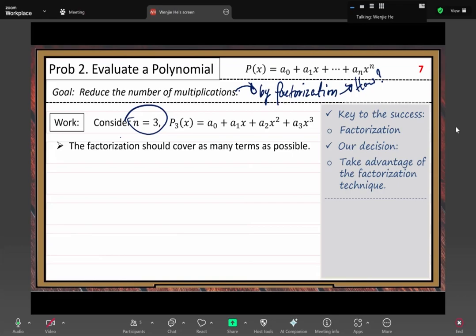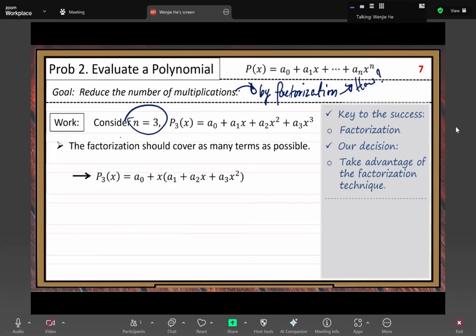Then, when we apply factorization, we should make it cover as many terms as possible, right? Then we can get more savings. We want to save more, so in order to save more, we want to cover more terms. Is that a reasonable deduction? Yeah, reasonable. All right.